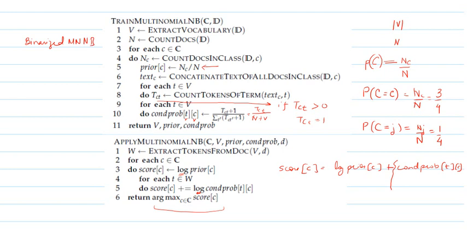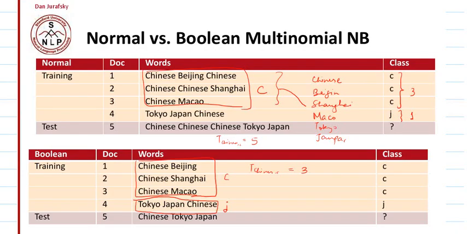right, in which we are saying whether a term is present in the particular document or not, right? So in this document, Beijing is not present, so the count of Beijing is 0, right? If we calculate the count of Beijing in class C, the count of Beijing is only 1. Similarly, the count of Shanghai is only 1, the count of Macau is only 1, right? So what will be the probabilities?